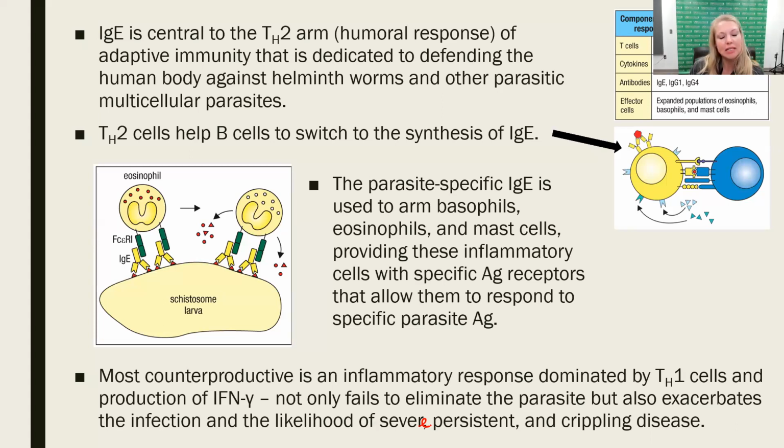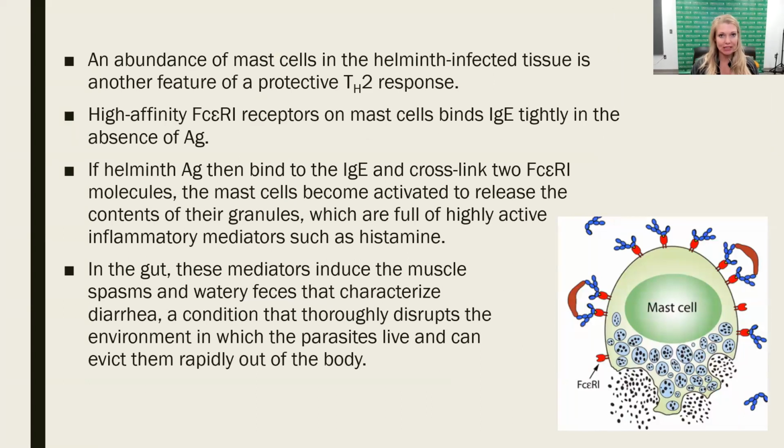So an abundance of mast cells. Remember, mast cells are going to be found in the tissue. They're not going to be circulated in the blood very much or anywhere else, but they're going to be in the tissue itself. And then when these parasites infect that tissue, it's going to be important for those mast cells to have IgE on their surface so that they can provide a protective TH2 response.